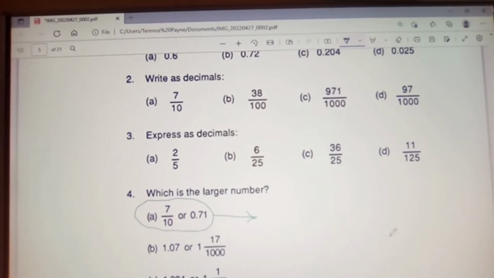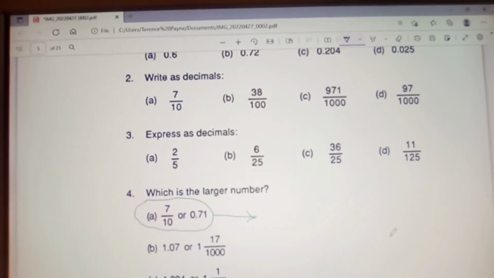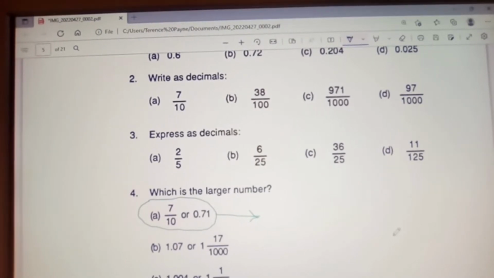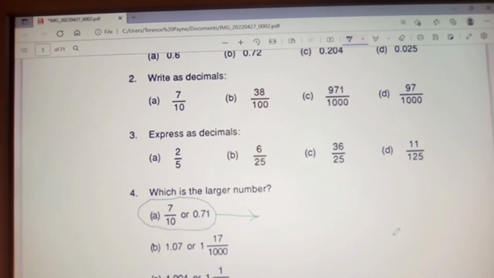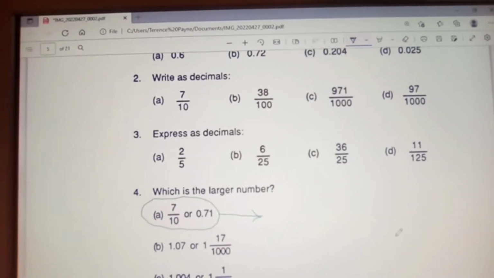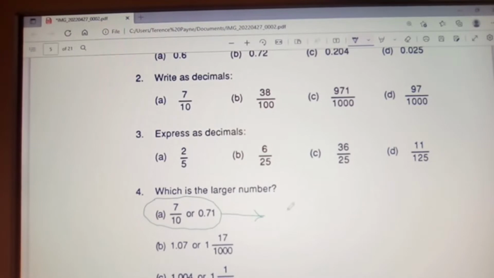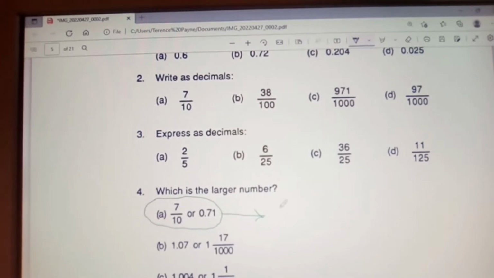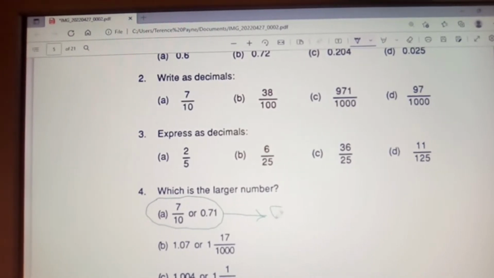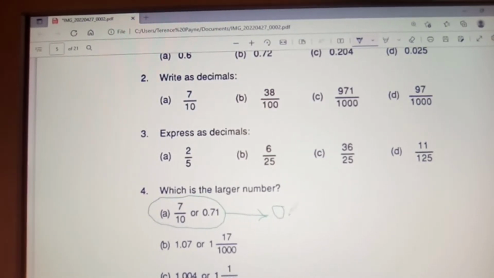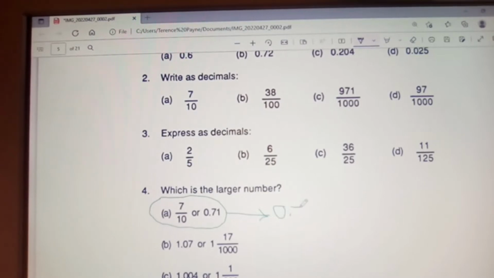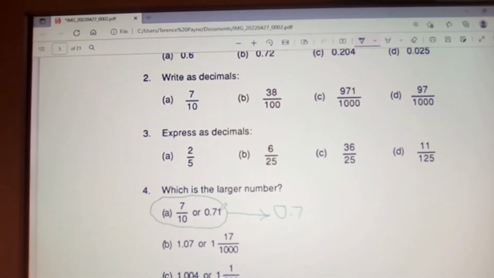Now, 7 divided by 10 equals 0.7. Now, is 0.7 bigger than 0.71?